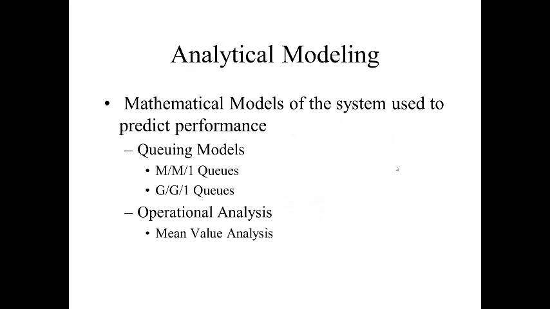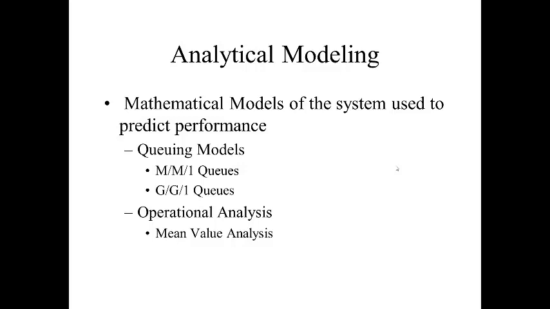One is queuing models, for example M/M/1 queues or G/G/1 queues. And for these queuing models, the first letter indicates the distribution of arrival time, the second is the distribution of service time, and the third is the number of processors or services available. And operational analysis, which is also called mean value analysis, which is a little bit easier.